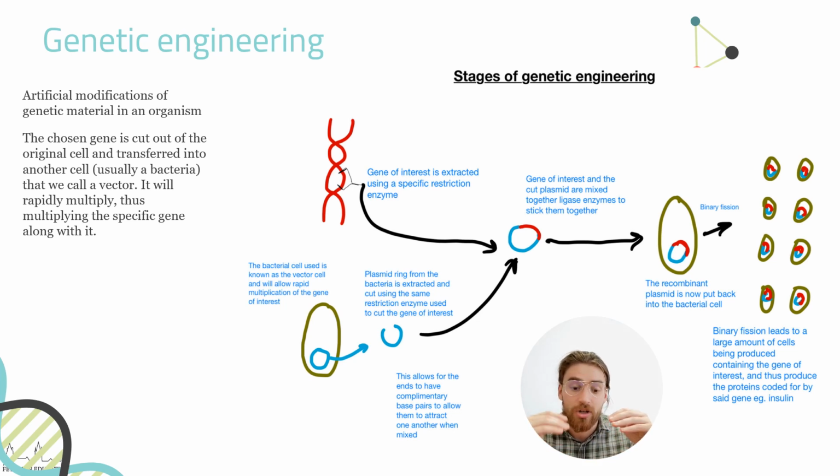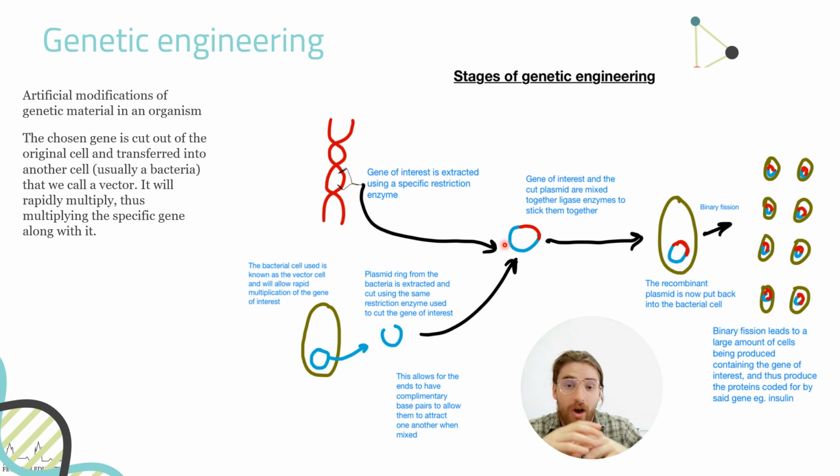Cutting it with the same restriction enzyme is going to lead to the same ends with the same gap and the same exposed nucleotides, so that when we put them together in the same test tube, our gene of interest and the plasmids, they are going to naturally find each other because they're going to have complementary base pairs.